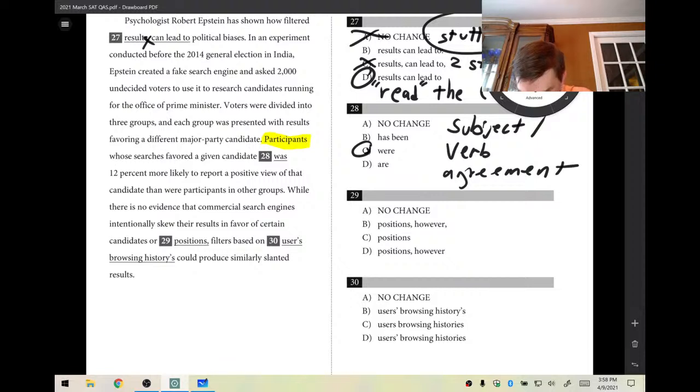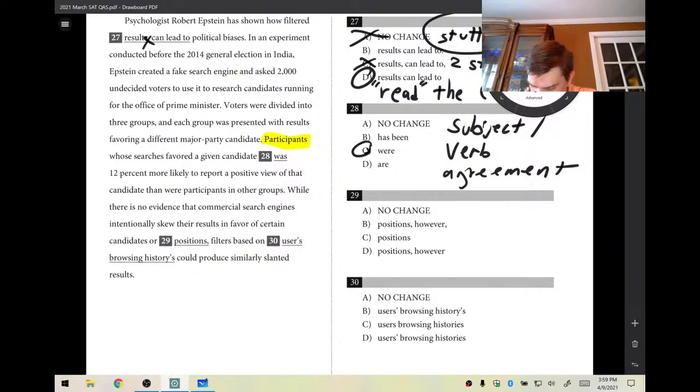While there is no evidence that commercial search engines intentionally skew the results in favor of certain candidates or positions, filters based on users' browsing histories could produce similarly slanted results. All right, so we have 2 questions for this sentence. Let's start with 29.